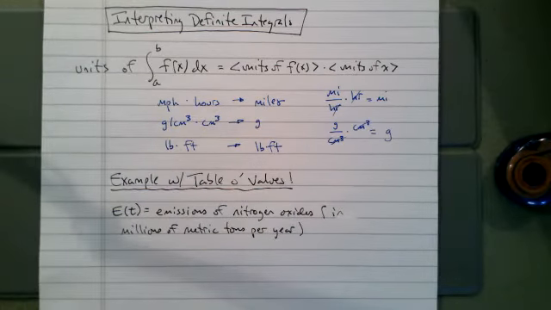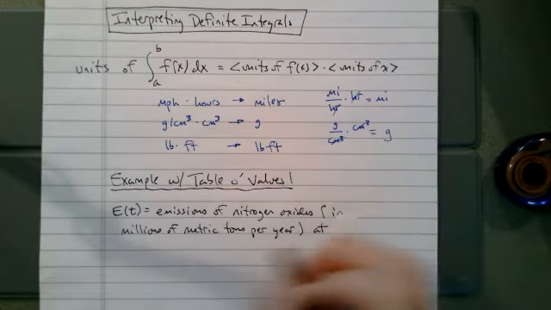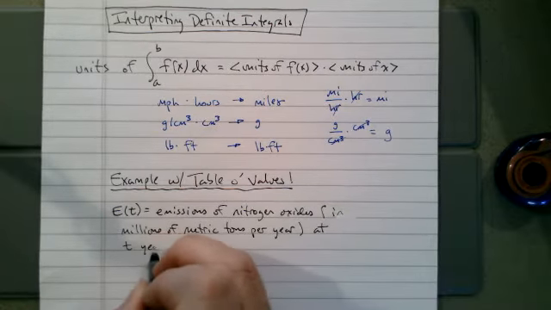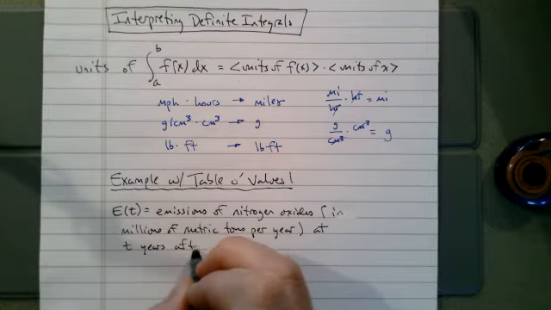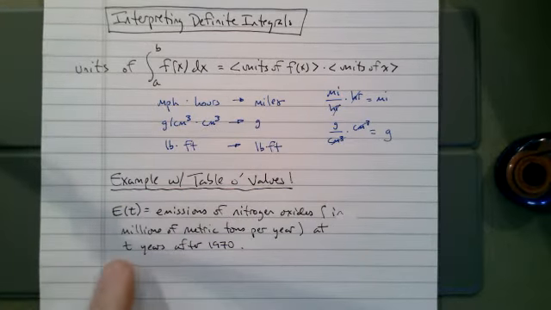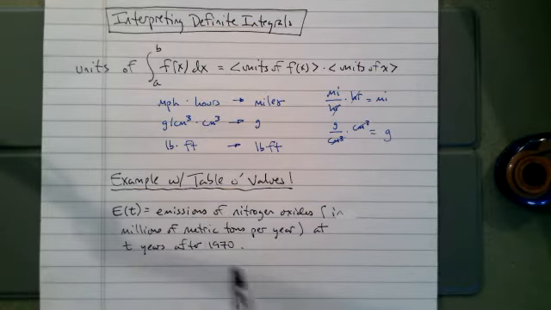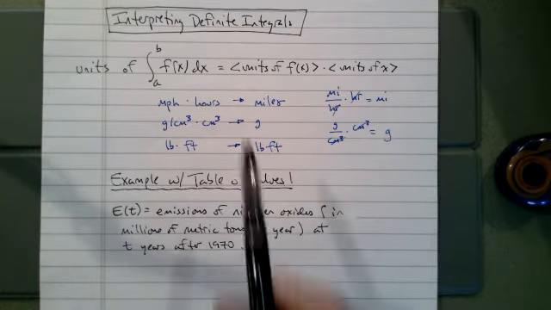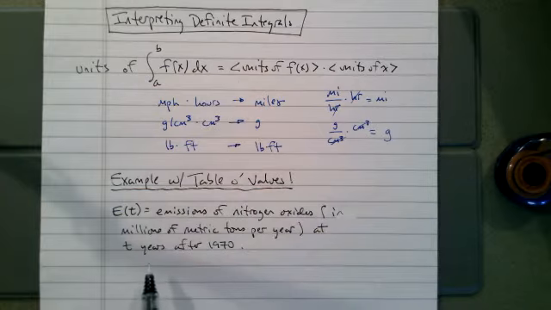And this is going to be at t years since 1970. So our variable t is going to be measured in years. The units of E of t, the units of our function, is going to be millions of metric tons per year, and we're going to multiply that by the units of t, which are years.